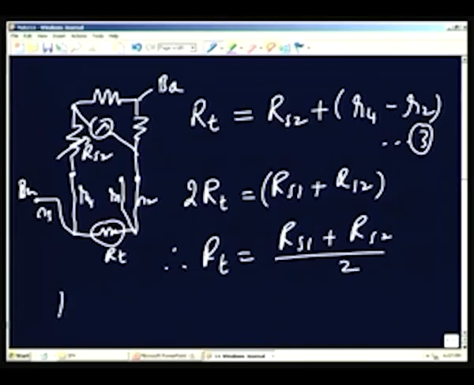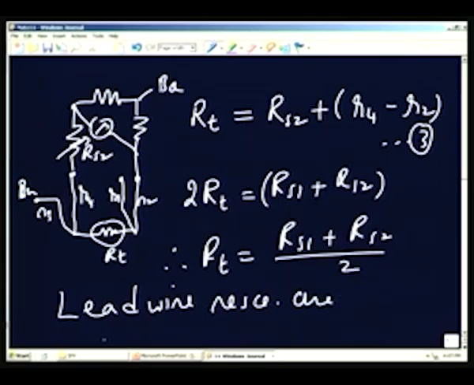That means that the lead wire resistances are compensated or cancelled out. So, the resistances of the lead wires are going to be compensated out. We will continue in the next lecture.